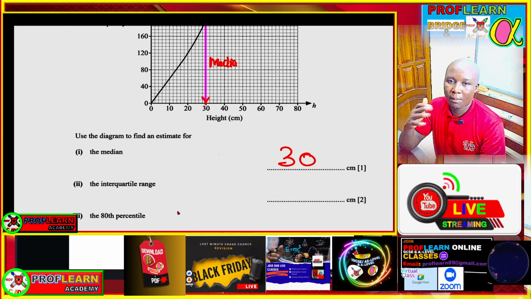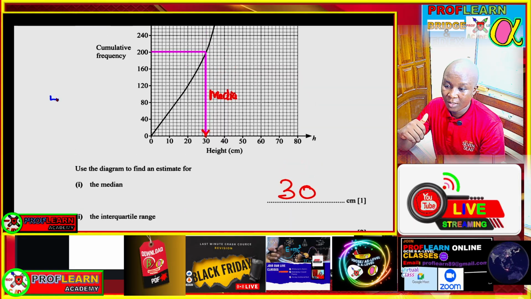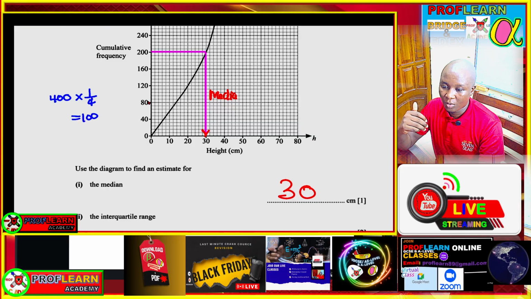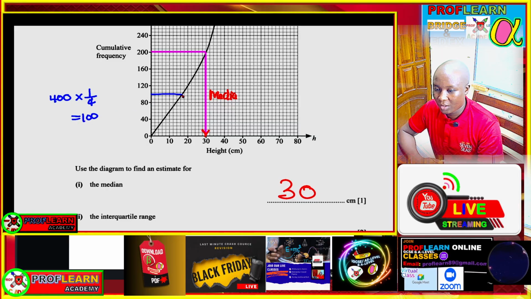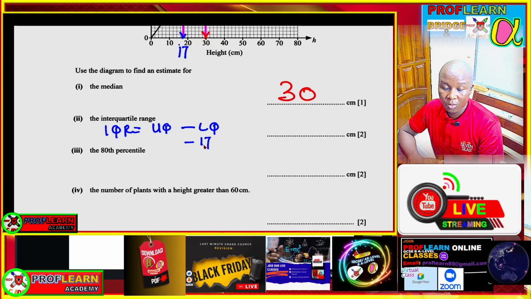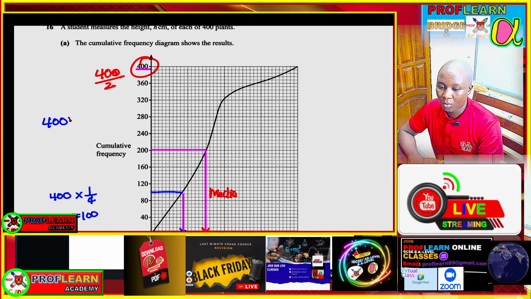Interquartile range is upper quartile minus the lower quartile, and the lower quartile is 400 times a quarter. You come and check where is 100, you read it somewhere here, and that is going to be around 17. So the lower quartile is 17. We need to find the upper quartile.